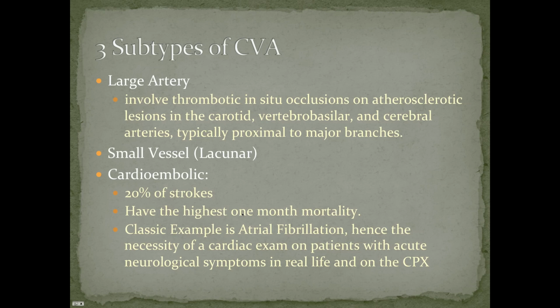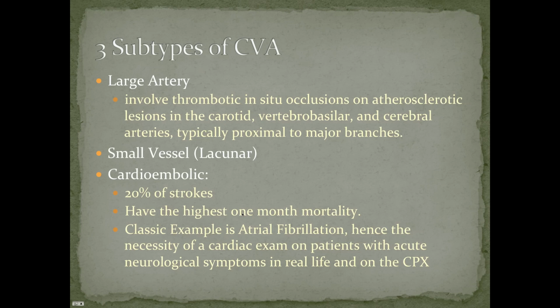The reason this is extremely important for the clinical performance exam is that for every patient who has a stroke or some alteration of level of consciousness, such as syncope or seizure, the differential diagnosis would include a cardiac cause. If you see someone who has what you think is a stroke, a mini stroke, or something that presents with an acute neurologic deficit, I think it's wise to perform a cardiovascular examination on that patient.